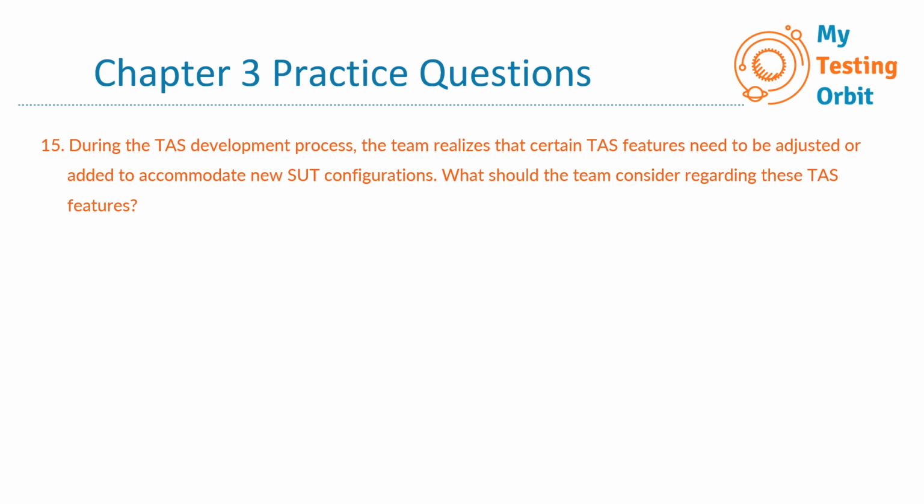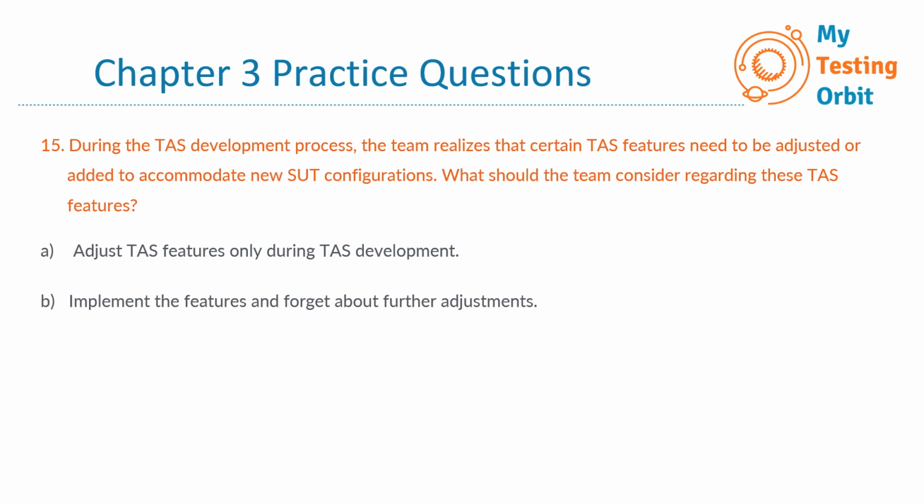And the last question, question number 15. During the TAS development process, the team realizes that certain TAS features need to be adjusted or added to accommodate new SUT configurations. What should the team consider regarding these TAS features? Option A, adjust TAS features only during TAS development. Option B, implement the features and forget about further adjustments.